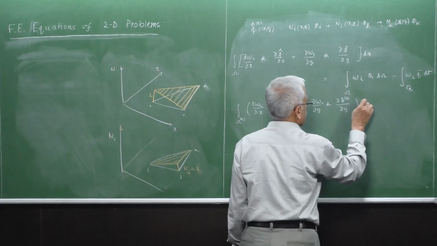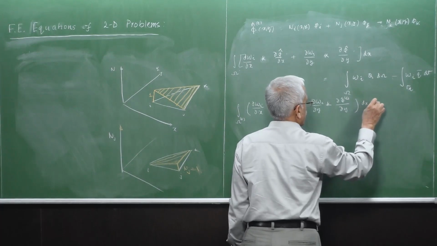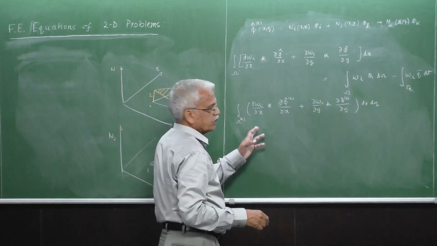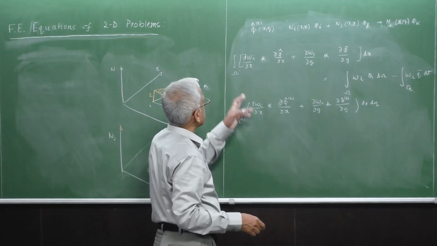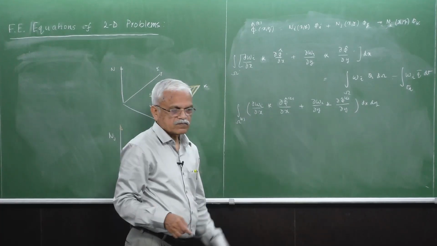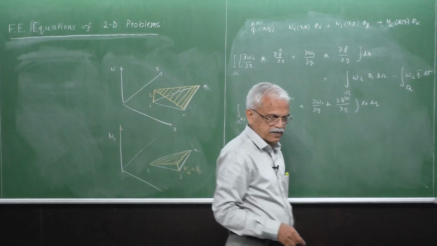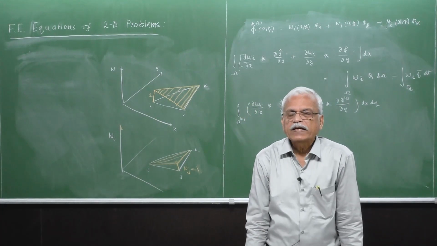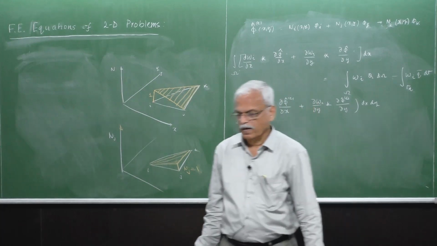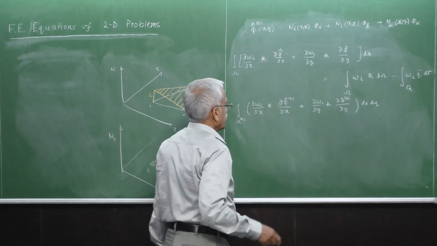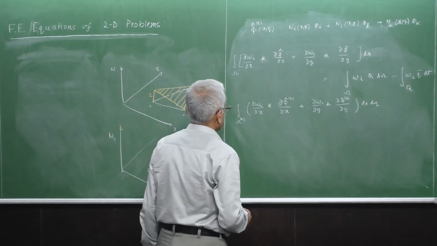Let's just look at this expression. Rest of the things we'll calculate later. So this is the one on the element E. In fact, the total summation omega is a summation of all the elements. And what we say is that we calculate it for one element and then apply the assembly procedure.